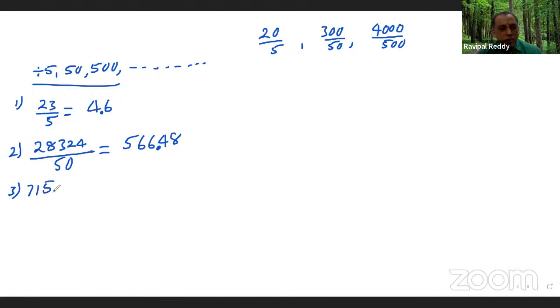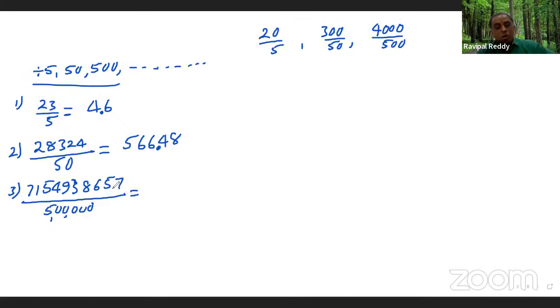Third question. 715 crores, 49 lakh, 38,657 divided by 5 lakh.